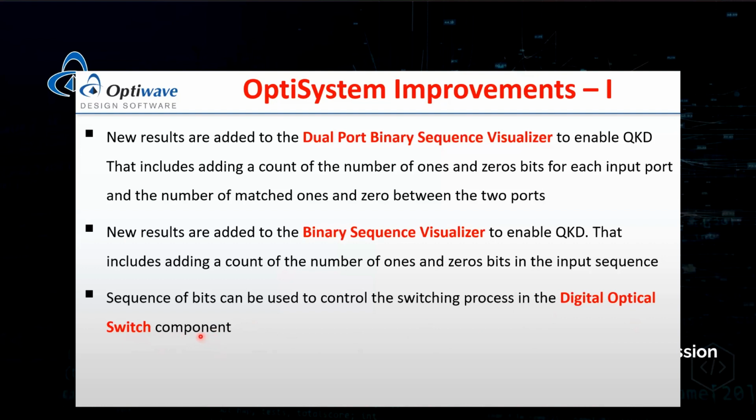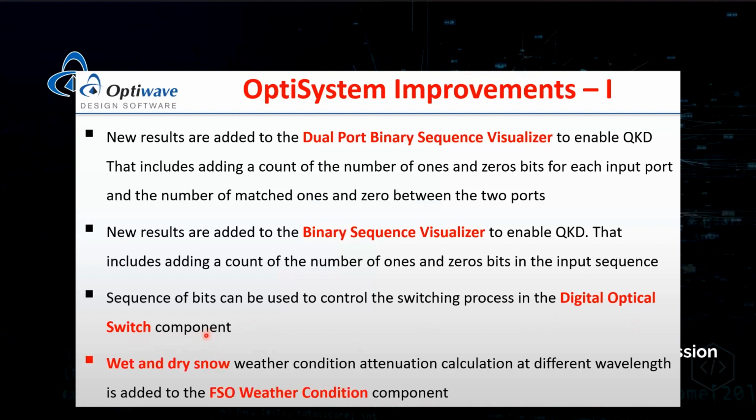You can have a sequence of bits, and every bit is going to switch the ports to either the first port or second port of the switch. The other part we added is in the free space optical weather condition. This is a standalone component, and in this component you can study the attenuation for different weather conditions.